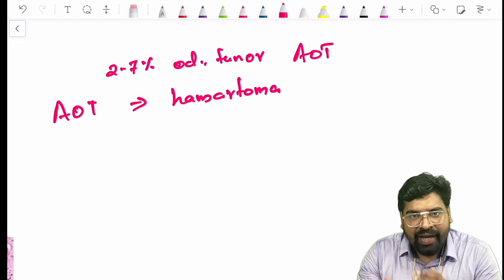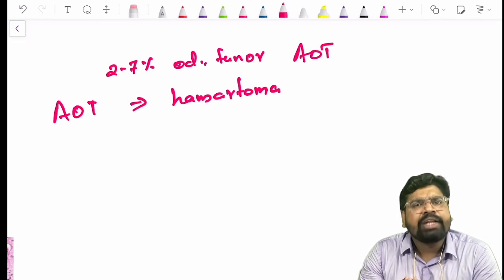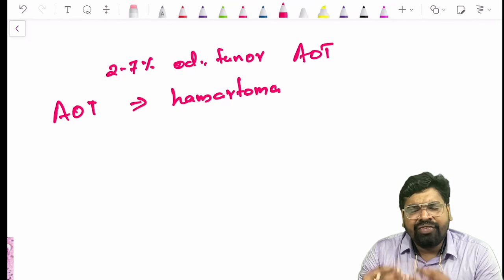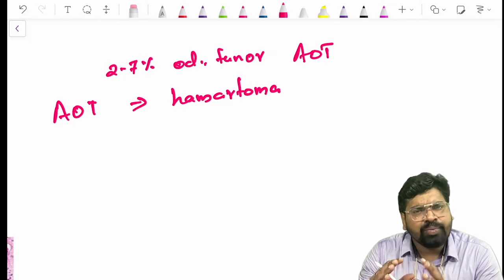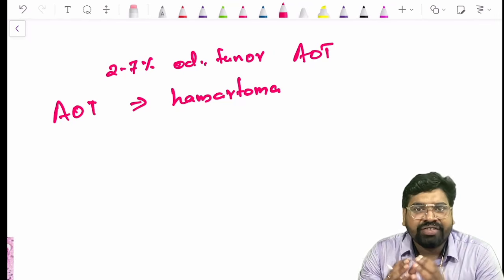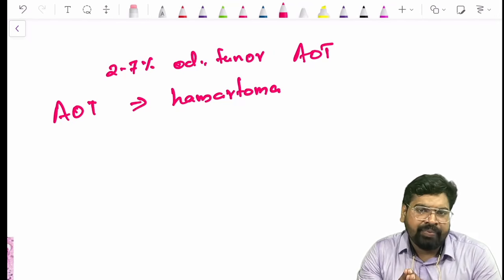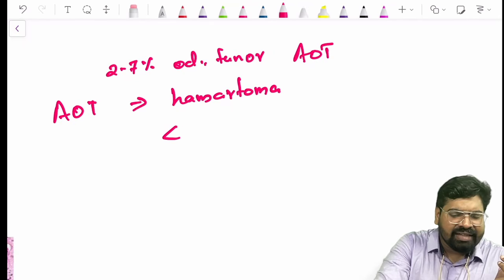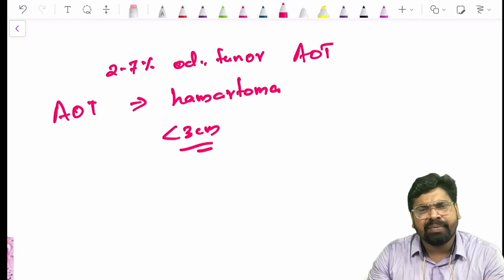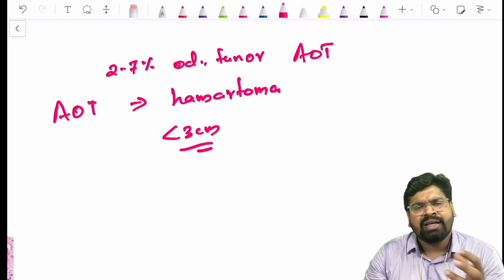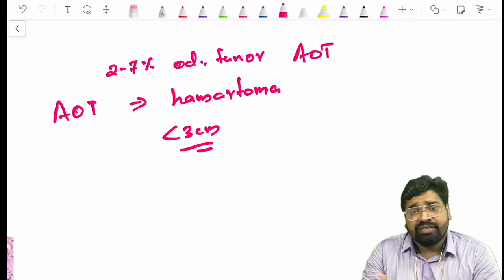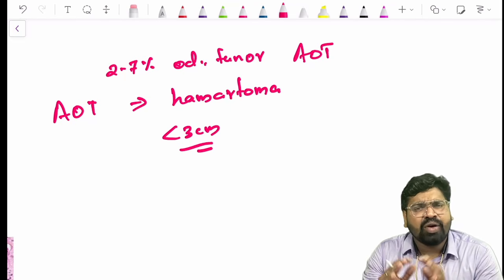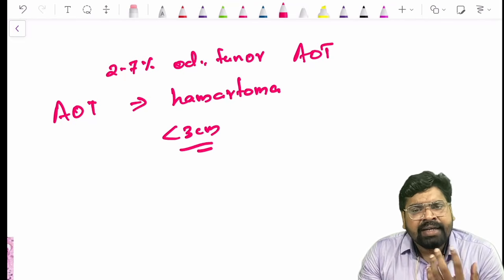Hamartomas are usually small growths of cells native to that area. So AOT will not grow much in size. Usually it is less than 3 centimeters, and it will not show many features of malignancy. It is a small growth, and it is native to that area.